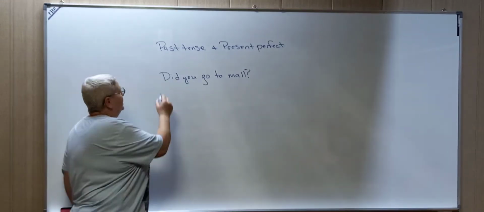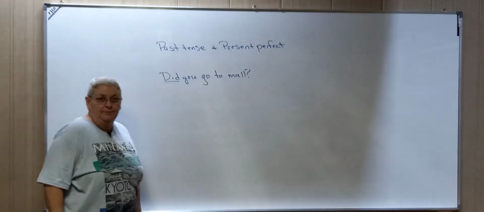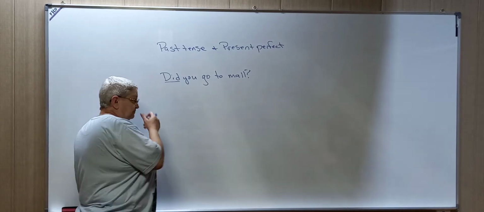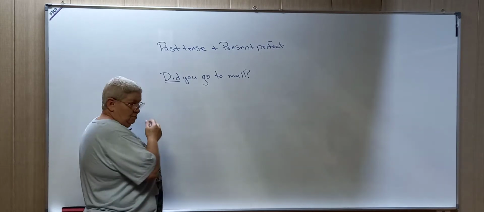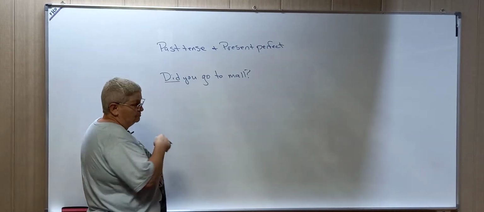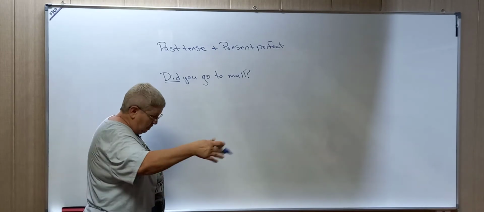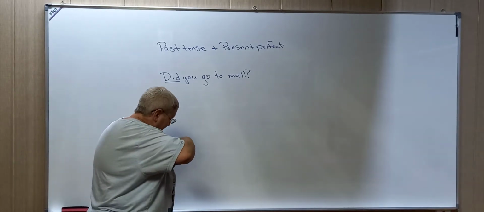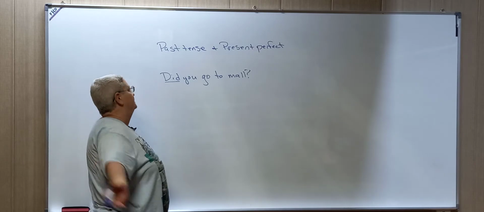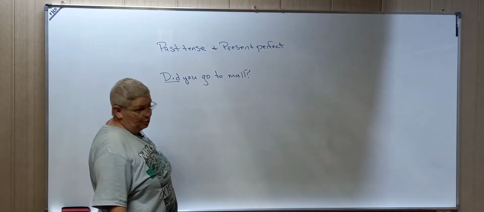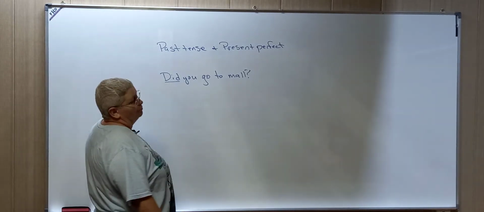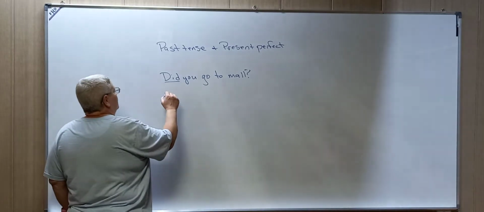We know this is in the past tense because of did. Okay? Now, you can answer this with a short answer, or you can answer it with a full, complete sentence answer. But we're going to use short answers here. Did you go to the mall?